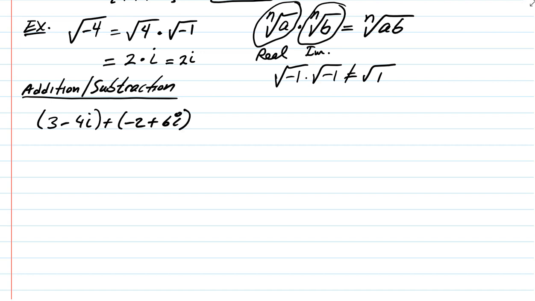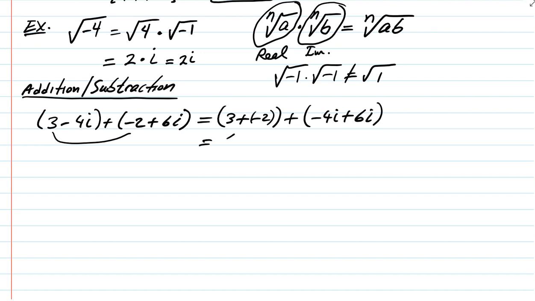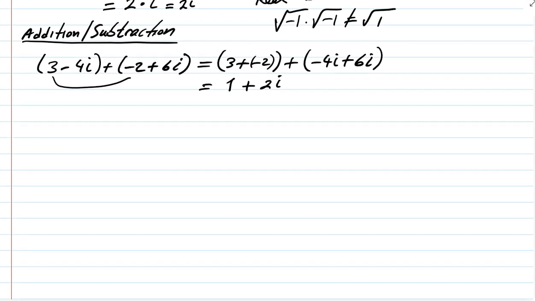I can do this by adding the real parts together, that's 3 plus -2, and adding the imaginary parts, -4i plus 6i, together. The result is going to be 1 on the real side and 2i on the imaginary side. And that would be the standard form. Remember, the standard form is a plus bi. And there you have it.